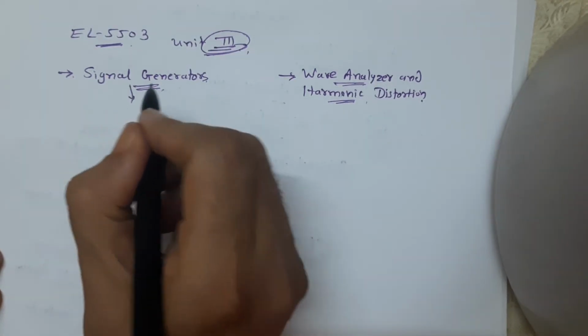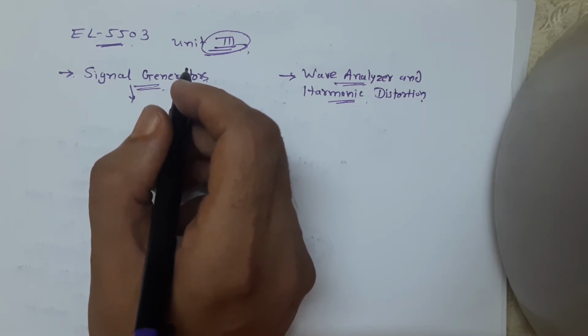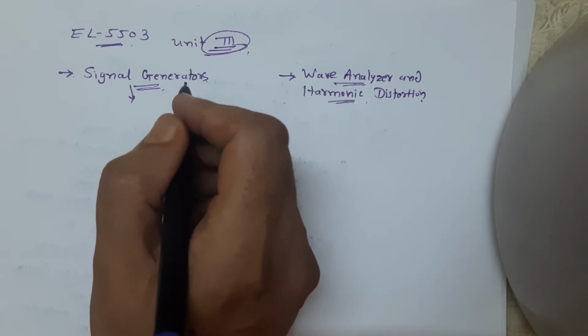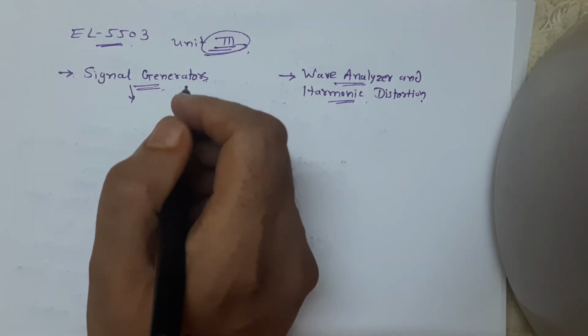Now in signal generator, the signal generator generates different types of signals. Signal means sine wave, square wave, cosine wave, triangular wave, sawtooth wave and so on. These are the different signals generated by different types of generators.